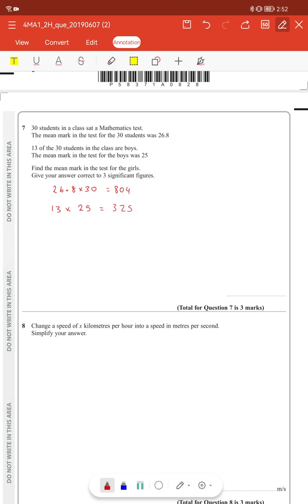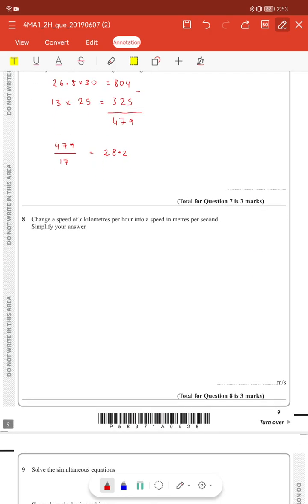And what we can do is find out the total mark for the girls by taking it away, which would be 804 minus 325 is 479. To find the mean mark for the girls, we do the total mark of the girls divided by the number of girls, which would be 17. And that would give us 28.2. So well done the girls, as they scored far higher than the boys.